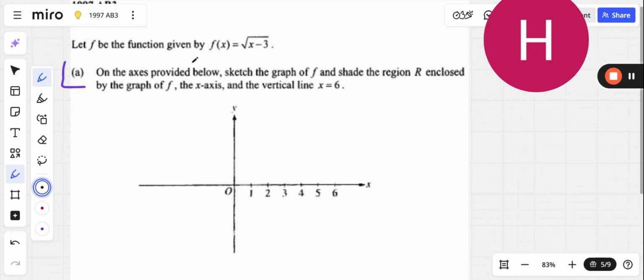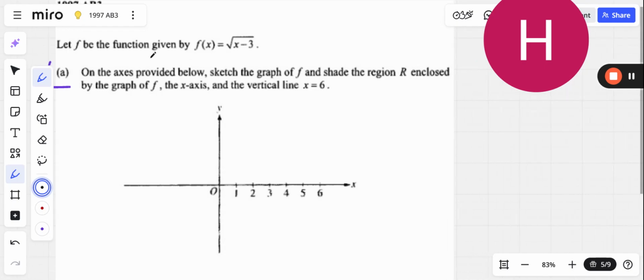On the axis provided below, sketch the graph of f and shade the region R that is enclosed. So sketch the graph and shade the region that is enclosed by the graph of f and the x-axis and the vertical line x equals 6. So let's draw the function. Of course, it's going to start at x equals 3. And it's going to go sort of like that, right?